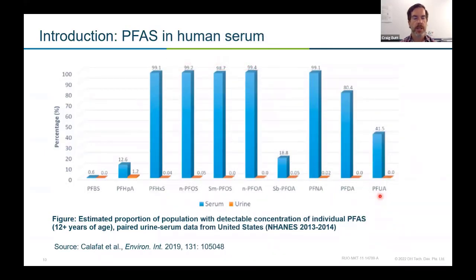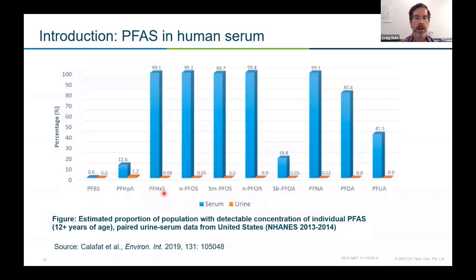I thought this study was really interesting, from Calafat at the CDC. This is looking at the US NHANES data from 2013 to 2014. What you see here is the percent detection on the y-axis of various PFAS compounds on the x-axis, with the lighter blue for serum and the orange or rust color for urine.